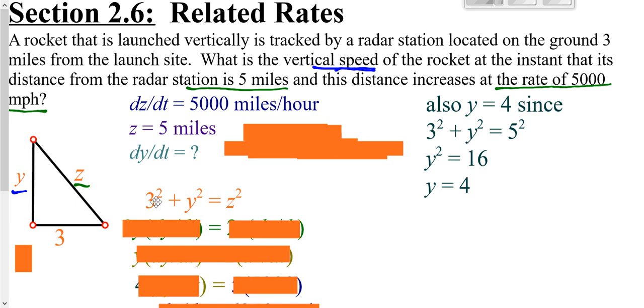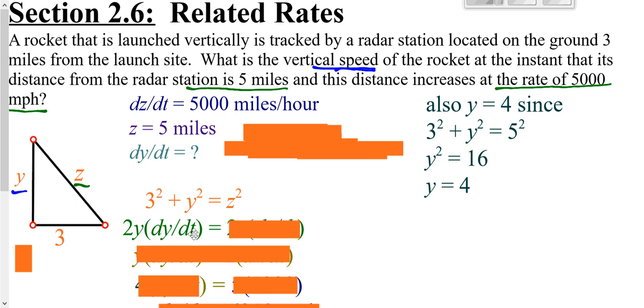Derivative of 3 squared, or derivative of 9, is 0. Then we'll do our derivative of y squared. So you put the 2 in front, decrease the exponent by 1. Then we have to take the derivative of y with respect to time. So it's a dy over dt. On the right-hand side, it's really just the chain rule.